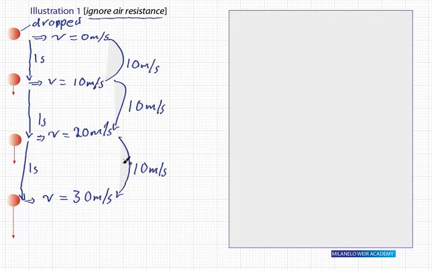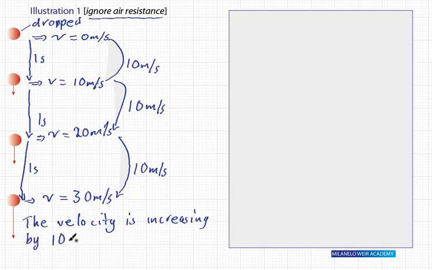From 20 to 30, the difference is 10. So what can we say? The velocity is increasing by 10 meters per second every second.